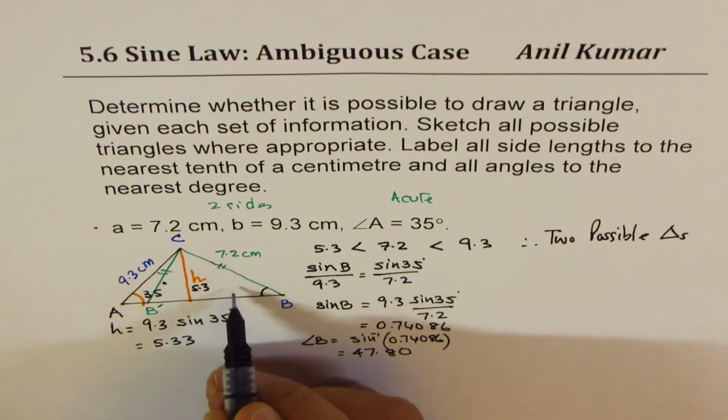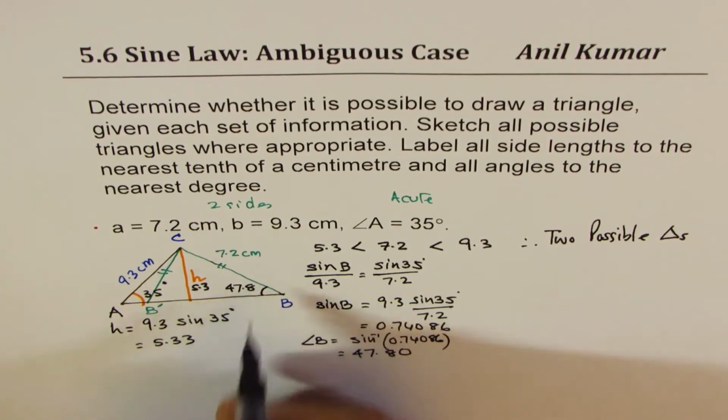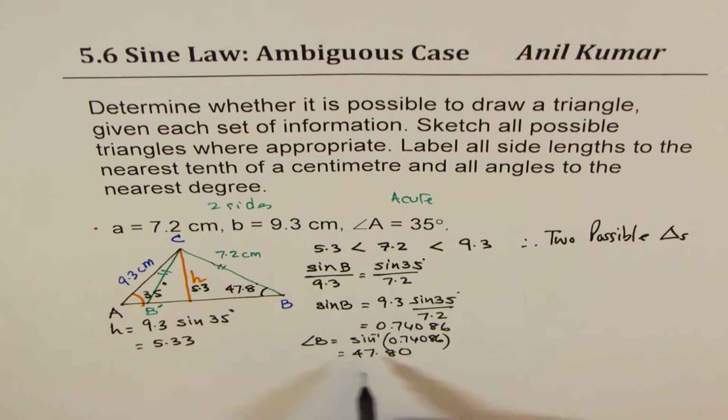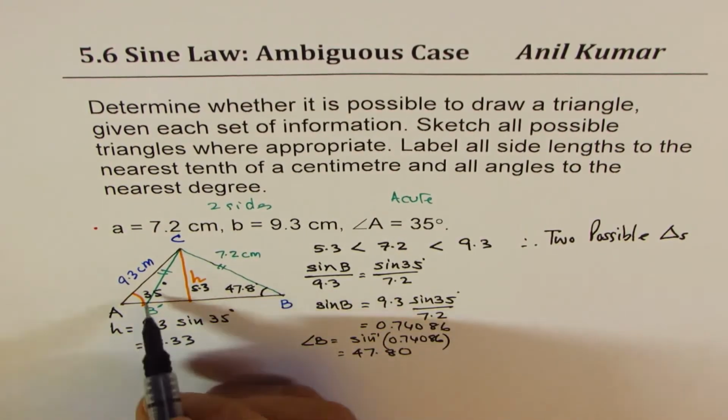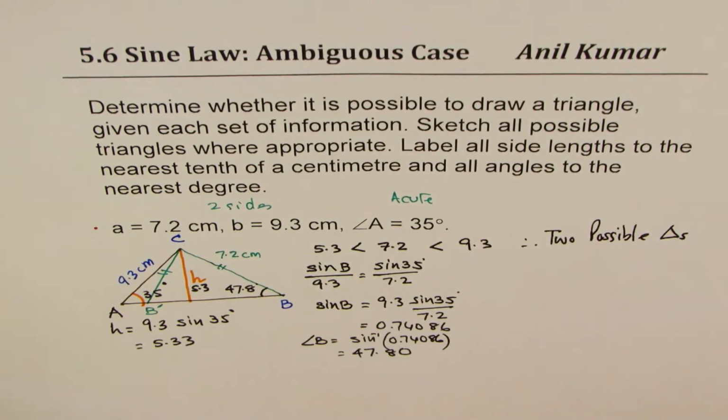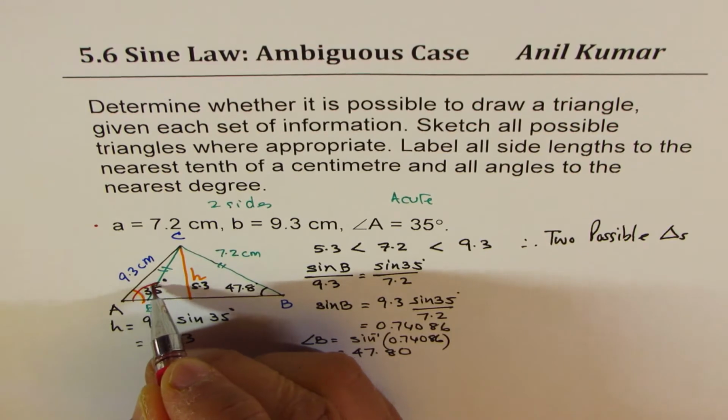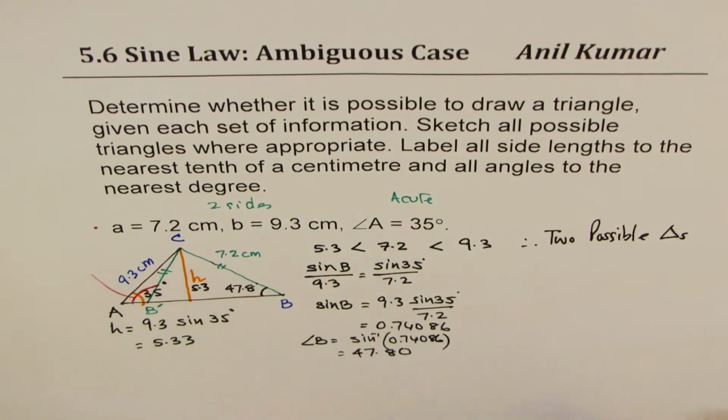So what we got here is 47.8 degrees for angle B, right? Now, if I take a point B dash, then what is the other angle? What I'm trying to figure out now is, for the other triangle, what is this angle? This angle will be 180 minus 47.8, right?